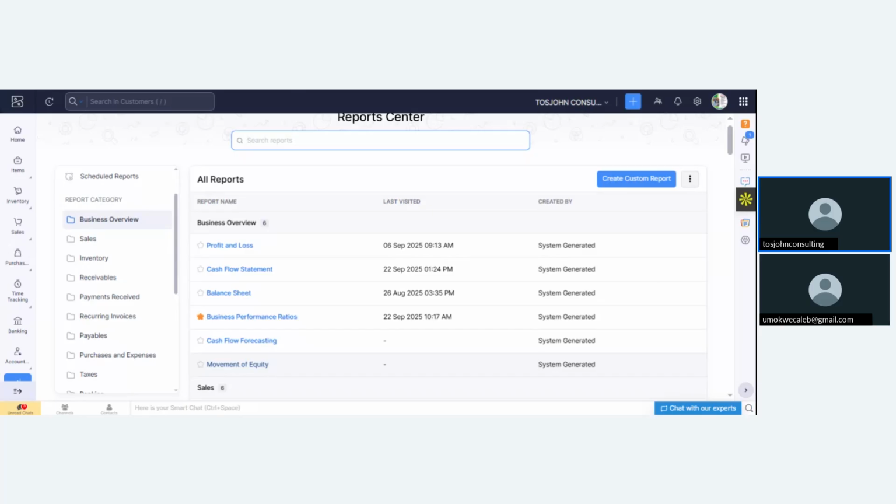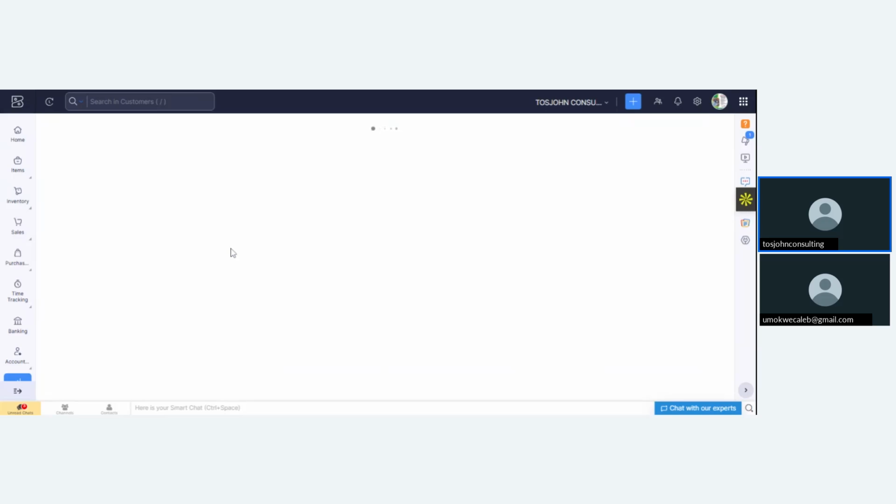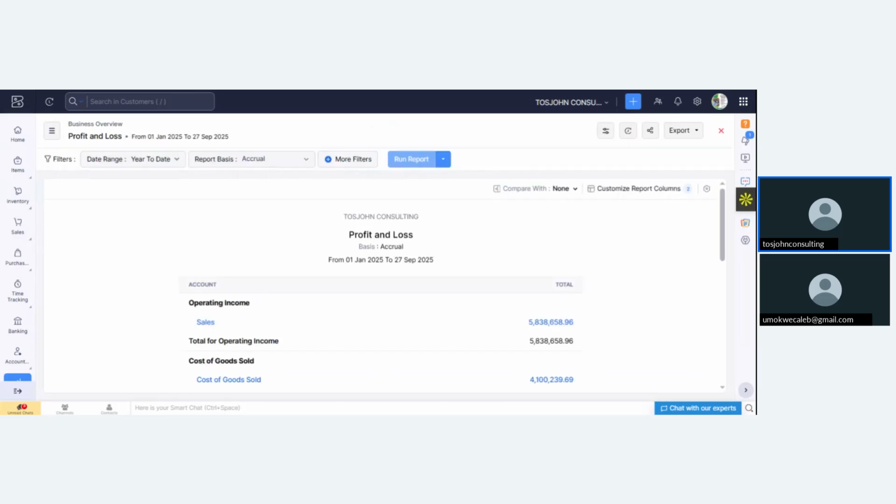Now the first one here is the profit or loss. Look at the profit or loss. At the profit or loss, you'll be seeing your sales.